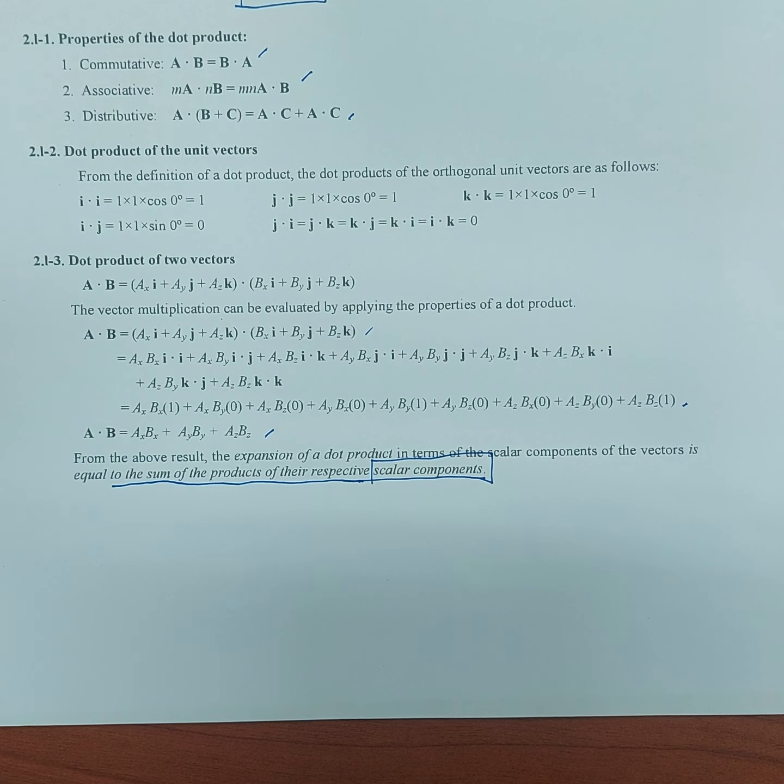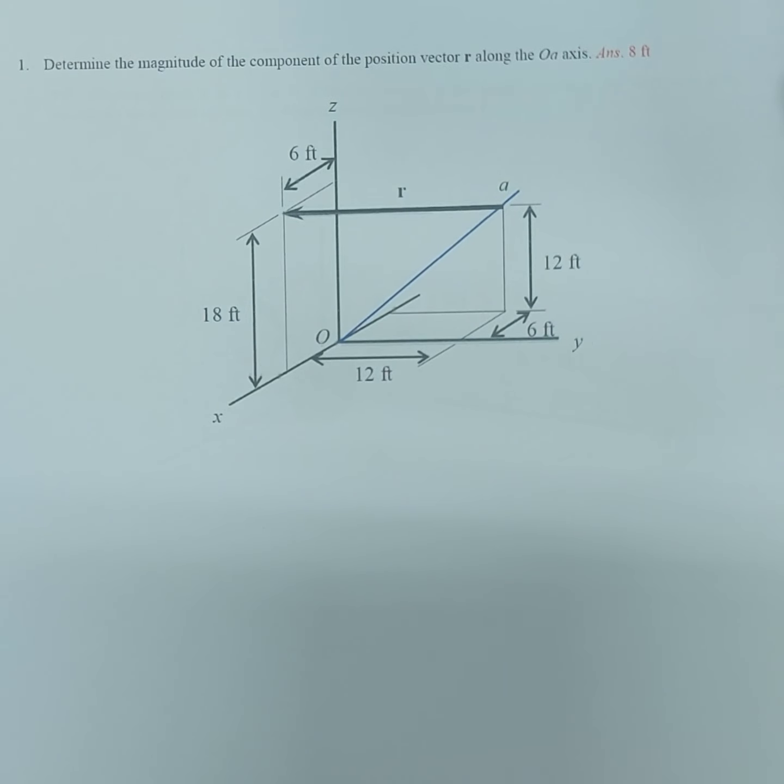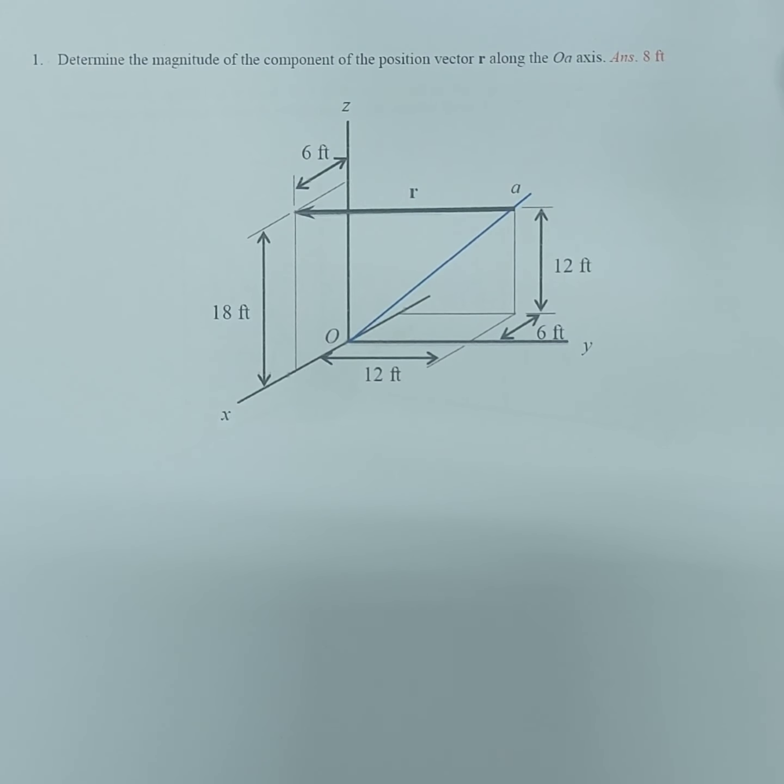Let's try to solve some problems to illustrate how we apply this principle. Let's solve number 1 in the exercises. Although there are solved problems in the module, let's just solve the ones in the exercises part.